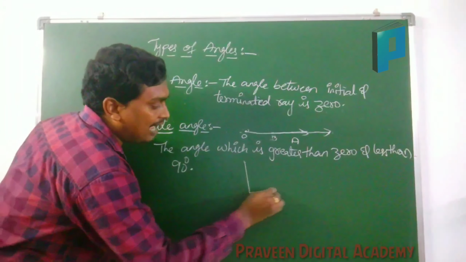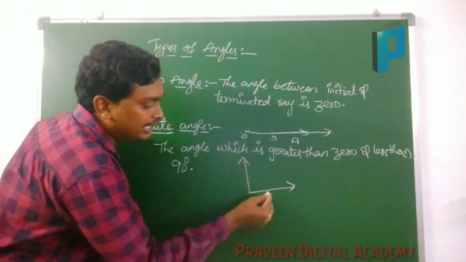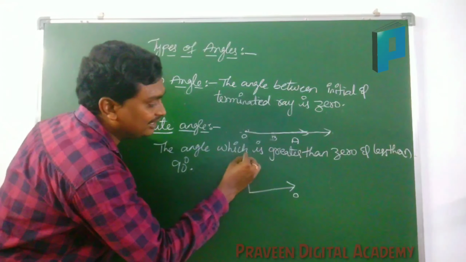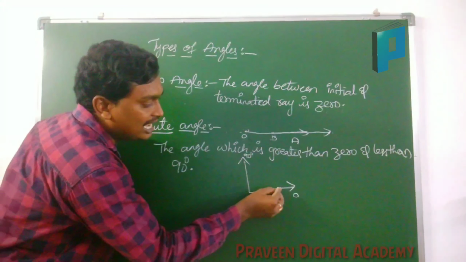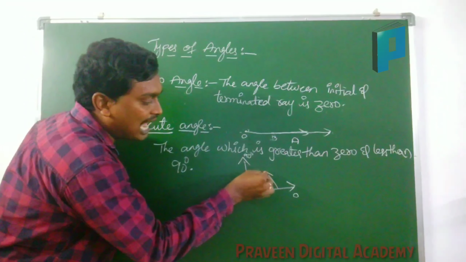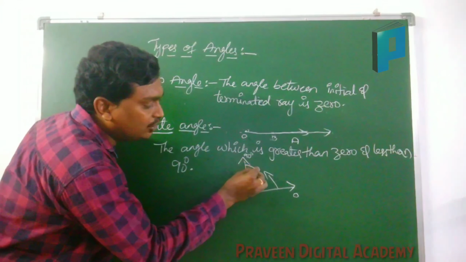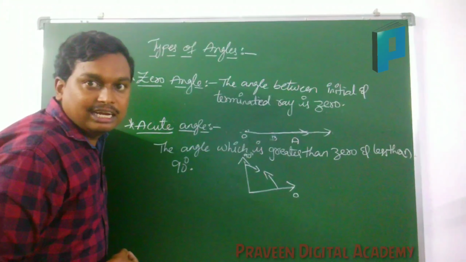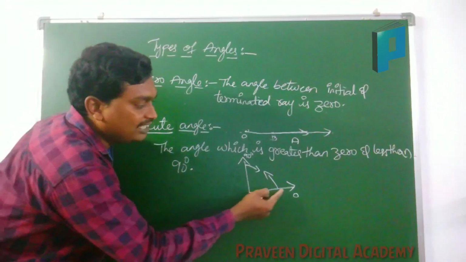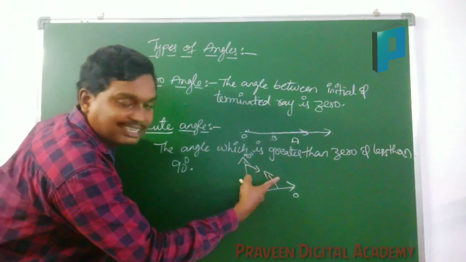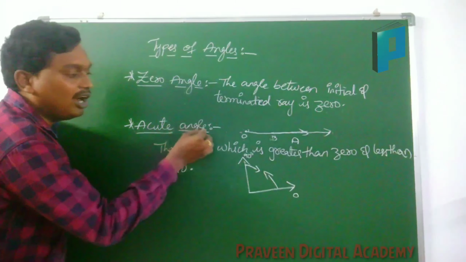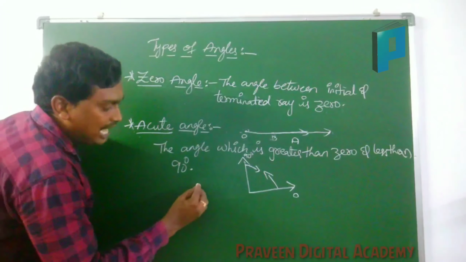Here if you are having like this, this is the 0 angle, this is the 90 angle. Here an acute angle will have more than 0 and it should be less than 90. The angle which is greater than 0 and less than 90 is called acute angle.